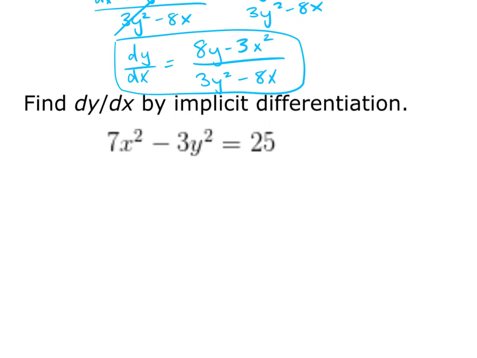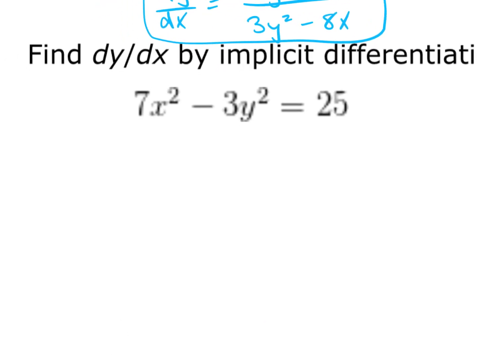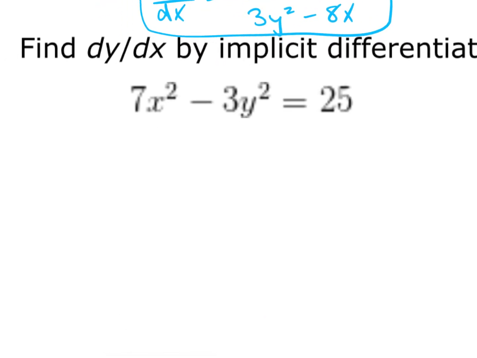We'll practice implicit differentiation again. So let's take our derivative. What's the derivative of 7x squared? 14x, perfect. What's the derivative of 3y squared? 6y dy dx, perfect. Is equal to, what's the derivative of 25? 0. How do I get the dy dx all by itself?